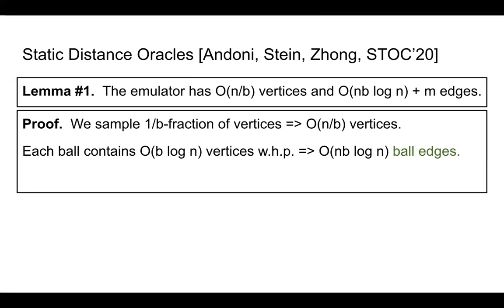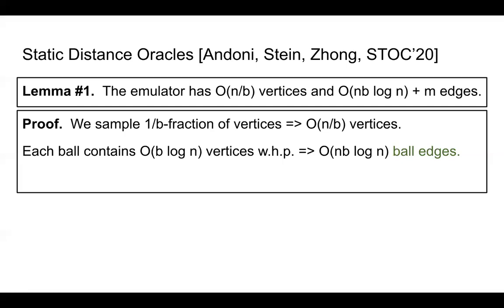So you have a vertex u, you order all the vertices by distance from u, and then with high probability, one of the first order b log n vertices is hit by a sampled vertex, and only the vertices before the sampled vertex are included in the ball and generate a ball edge. So each vertex generates order b log n ball edges, and that gives a total of nb log n ball edges.